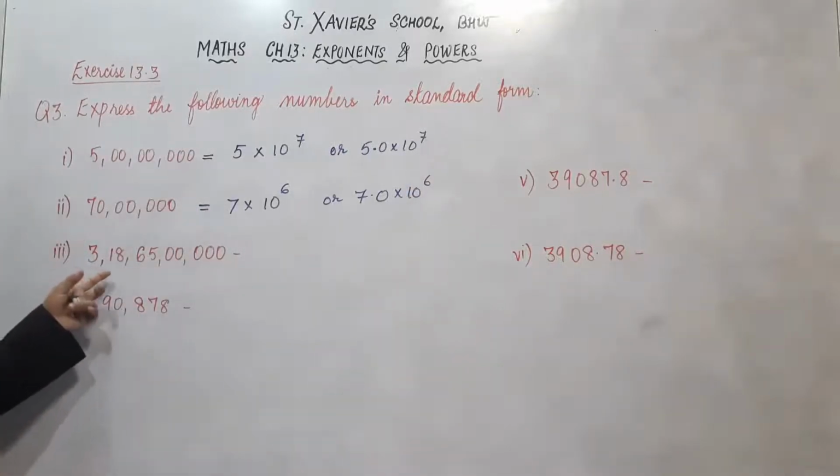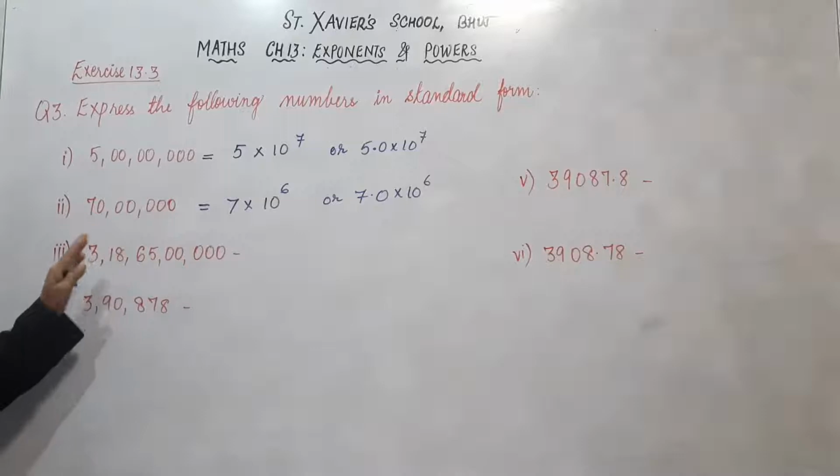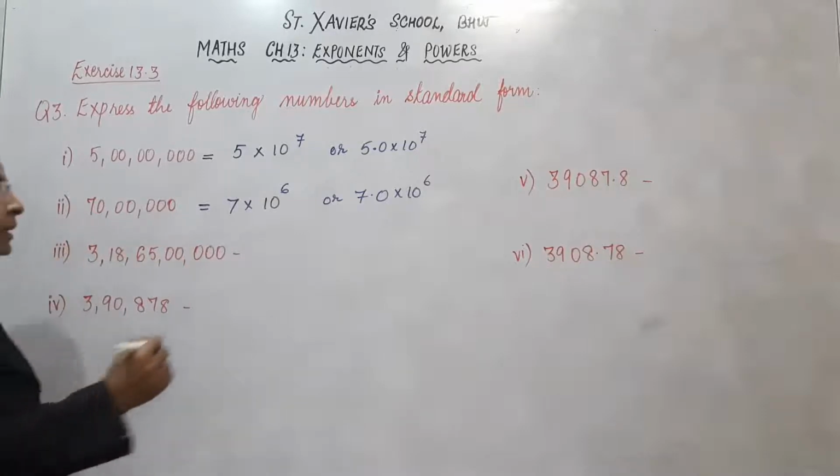Third question, it's a long number, but as I told you yesterday, if digits are given, natural numbers are there, all the numbers we have to write after the decimal point.